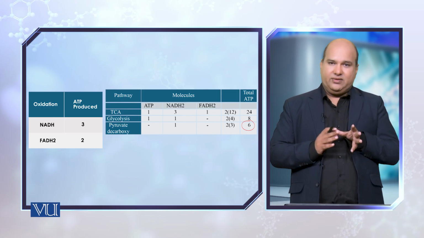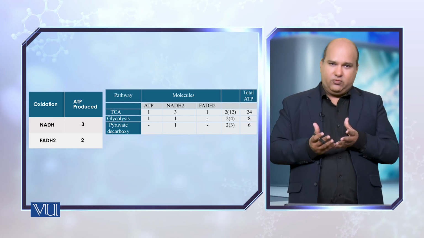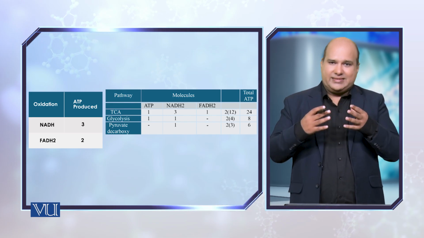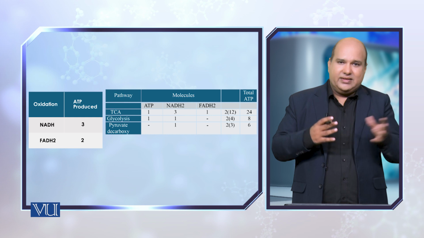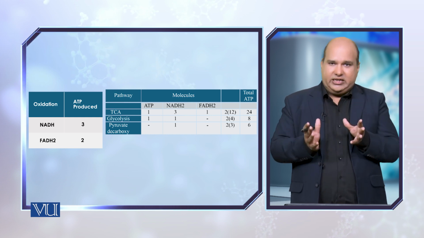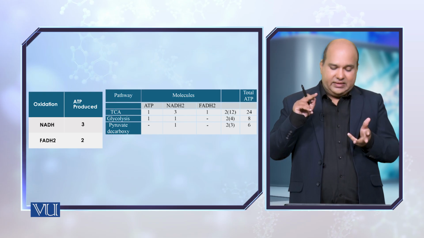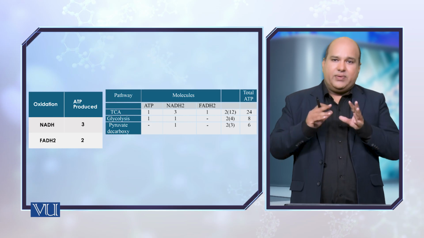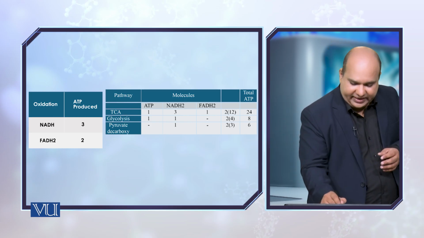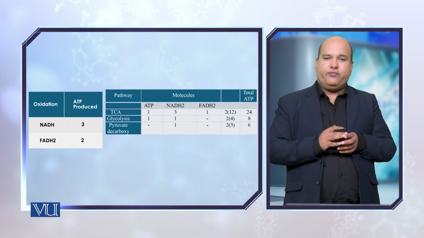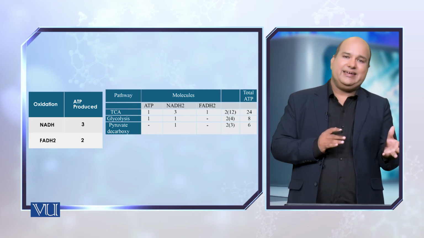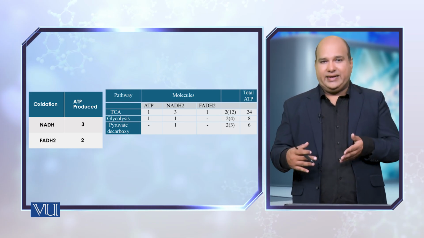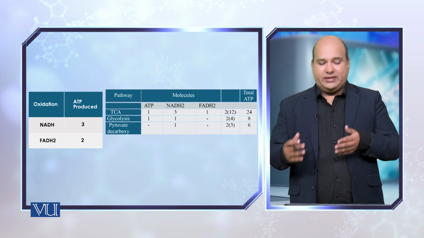So in total, from one glucose molecule, when it is oxidized and gives rise to carbon dioxide and ATP, the total ATP from glycolysis plus the formation of acetyl CoA from the pyruvate plus the whole TCA cycle, you get 38 molecules of ATP, which is gigantically high as compared to 2 molecules of ATP which you can get from simple anaerobic glycolysis.